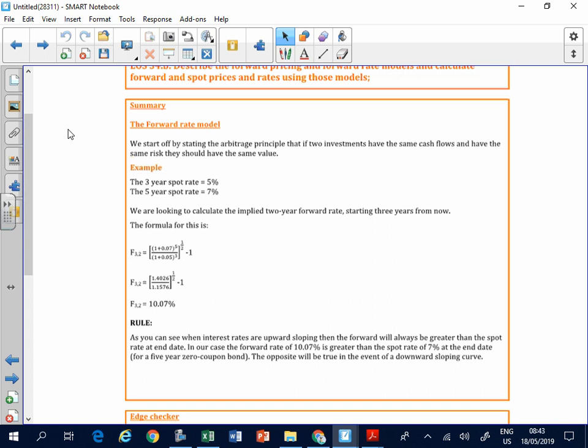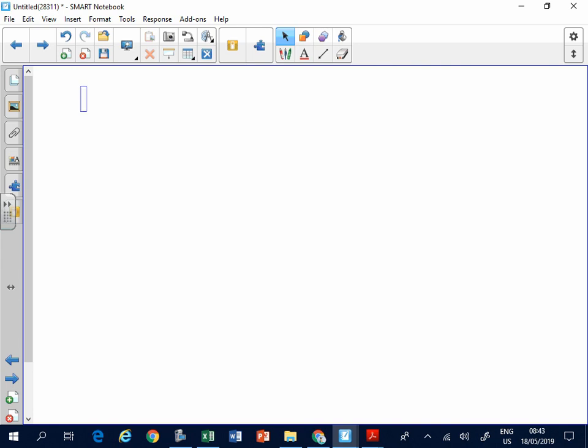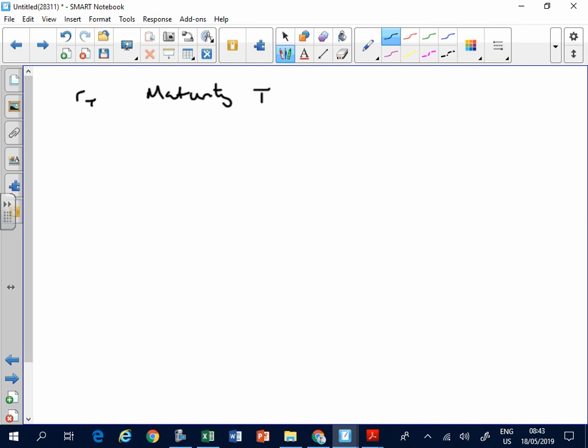Calculation of such is quite easy. Do you guys know the general formula? Do you remember the general formula? All right. So if I have R_T, the spot rate with maturity capital T. Should I use a small t? Yeah, small t is maturity, little t.